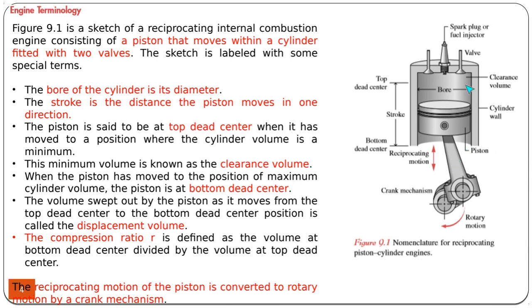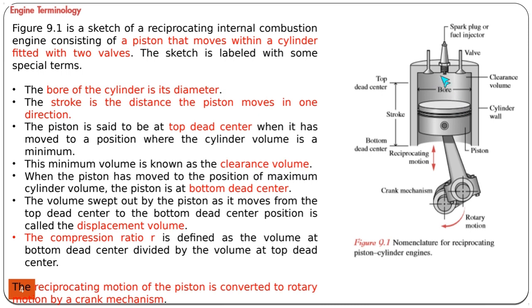We have some definitions in the reciprocating engines. First of all, the diameter of the cylinder is called bore. The distance at which the piston moves from bottom to top is called the stroke.